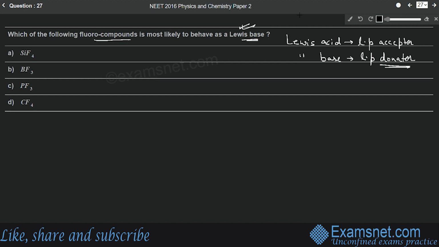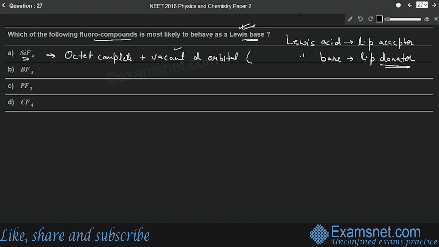Okay, so let's see one by one. In the first one we have SiF4. Now in this we know that the octet is complete, but there is a vacant d orbital. Okay, so it will try to accept the lone pair of electrons in this vacant d orbital.